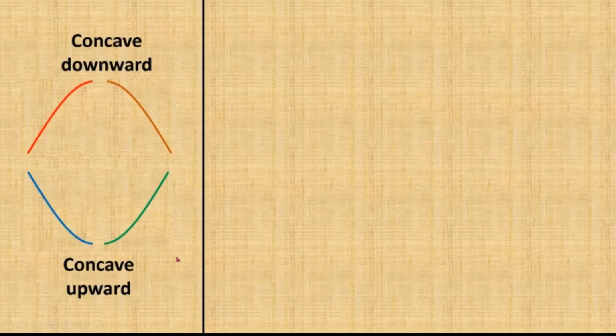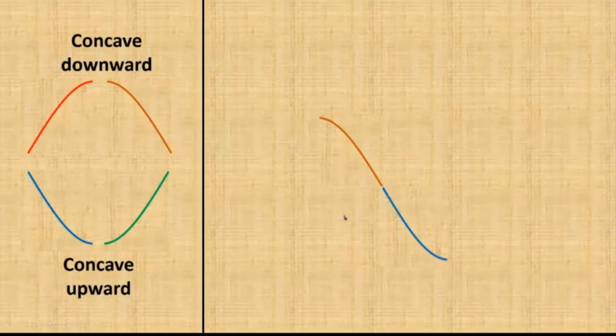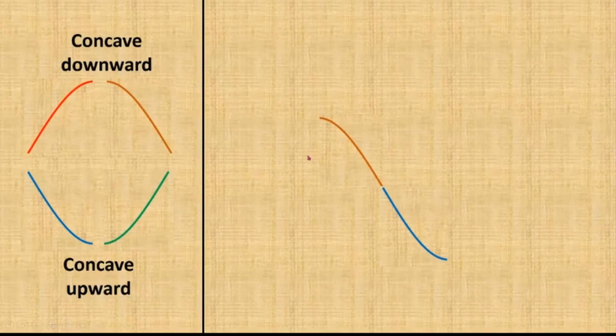So normally positive joins with positive, negative joins with negative. Let's say this one. It is negative downward, then we join with negative upwards. So the brown color, if you join with green color, it looks not smooth. You see? So a negative will always join with negative.